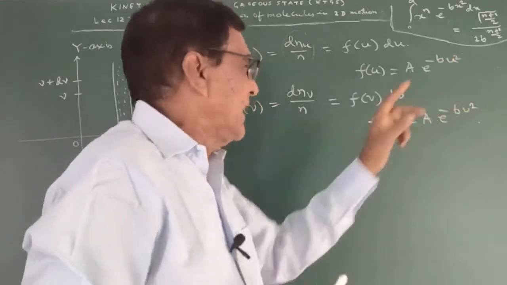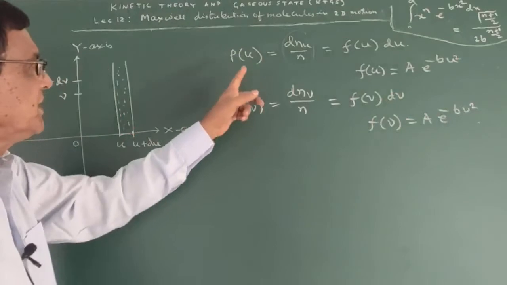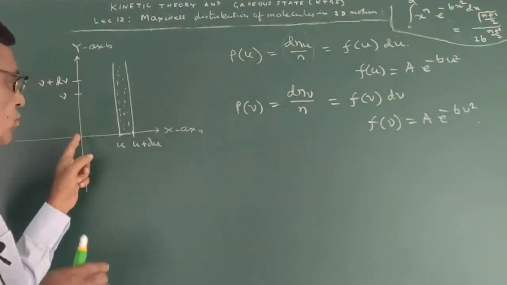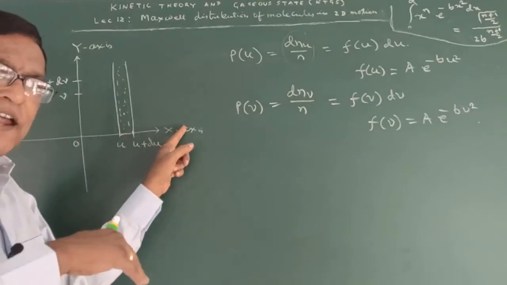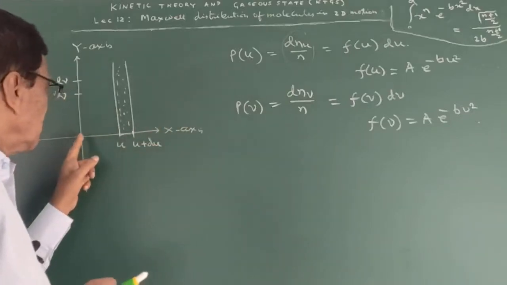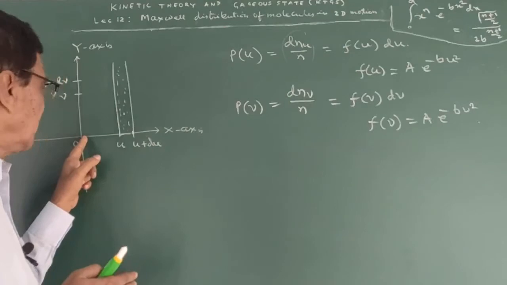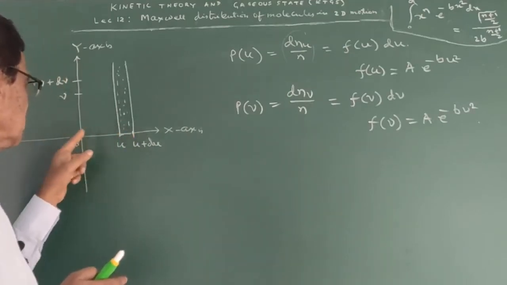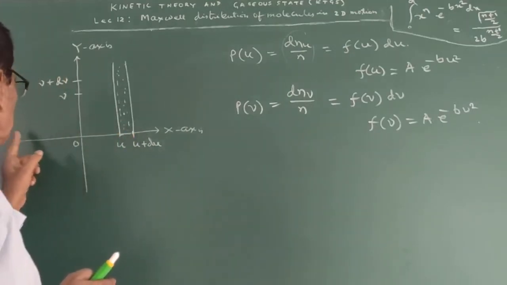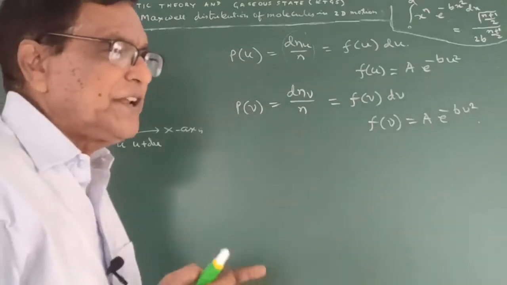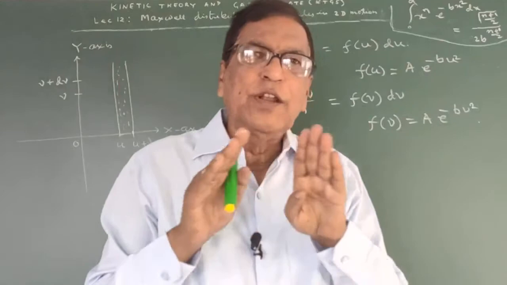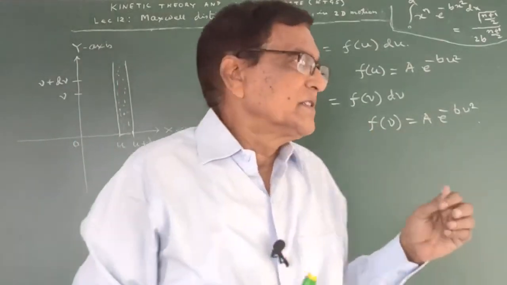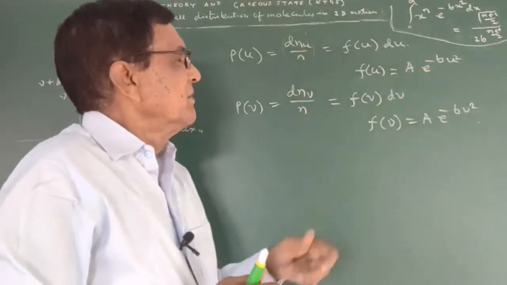And I have also told already that this must not contain u, but may contain u squared. The probability of a molecule to move 0 to plus infinity is identical with molecules moving along the x-axis in the range 0 to minus infinity. So in order to have equal probability, this velocity must be squared.